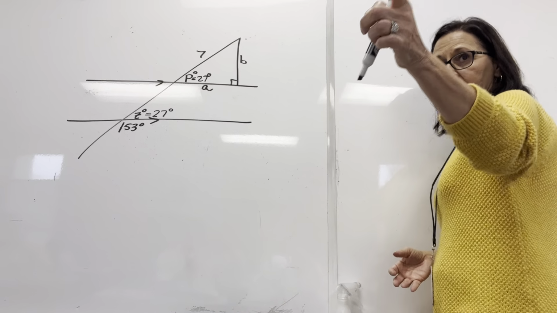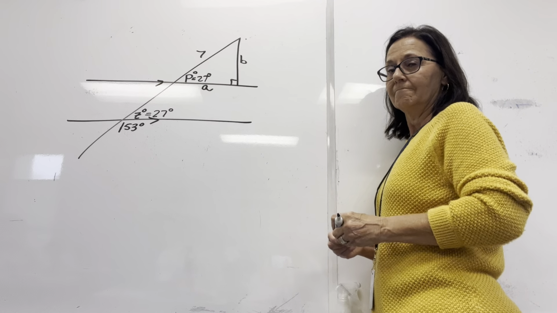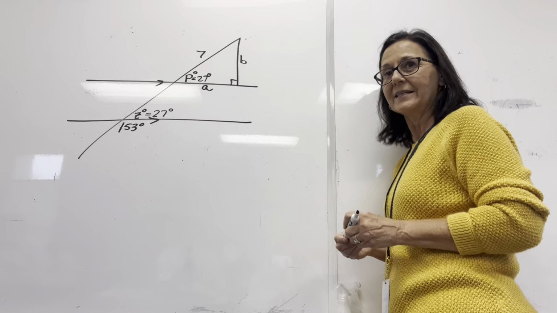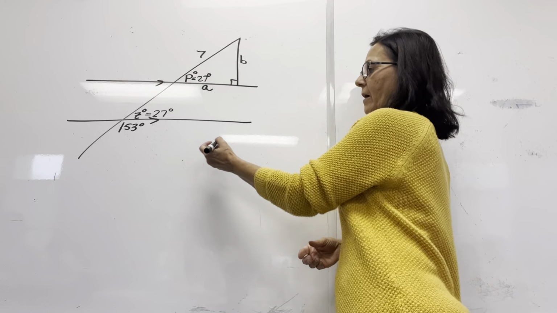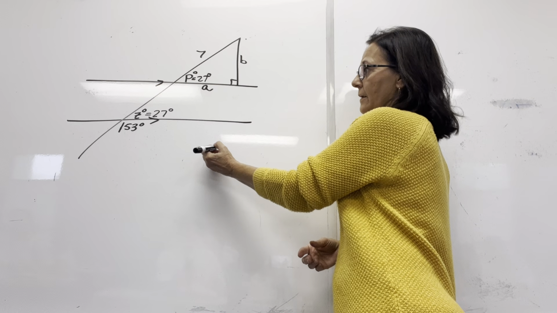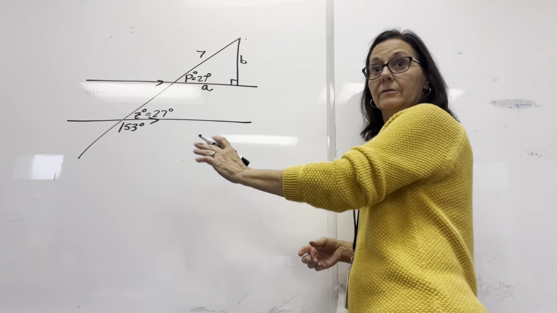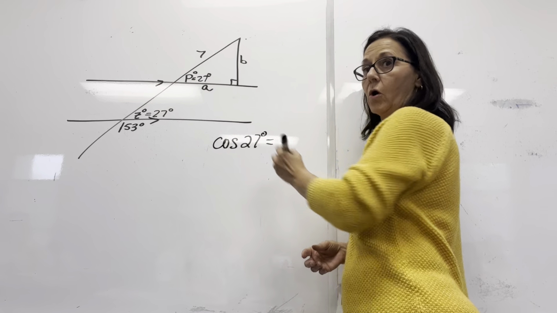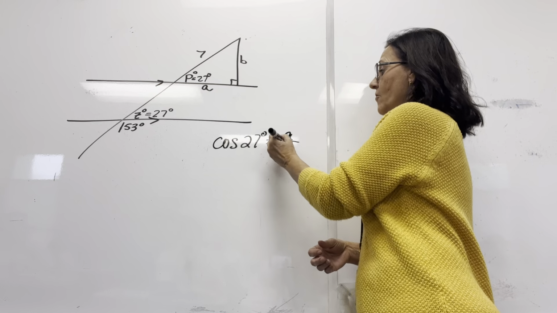So tell me what I write, Sam. Aren't you not supposed to use things you found? I have to use 27; I have to use something given, so I better get it right. Give me the original equation: cosine of the angle equals A over 7.